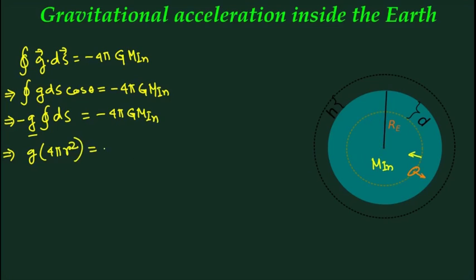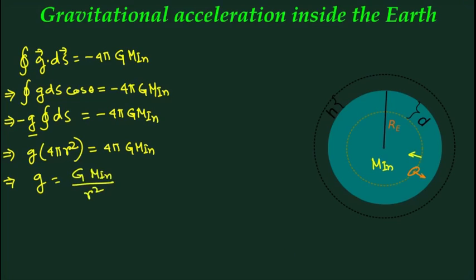This is equal to 4 pi G m inside. So we will have g equal to capital G m inside by r square.